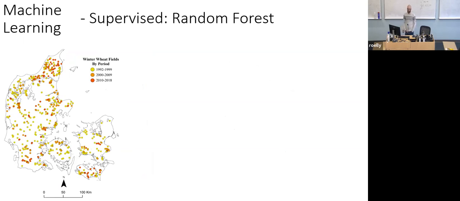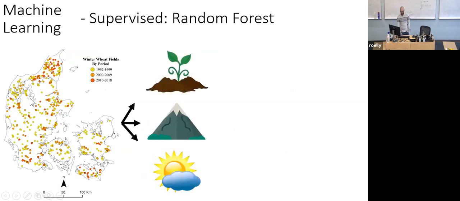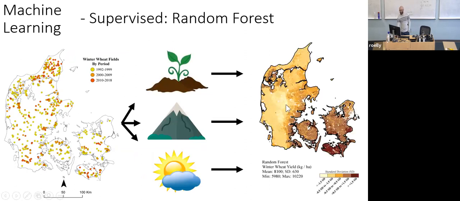You can also do supervised learning. Previously was unsupervised learning, now this is supervised learning. Using random forest, I was able to make predictions across all of Denmark. These points are yield values for winter wheat across Denmark, and we wanted to know what would be the yield in this specific location. By combining soil, topography, and climate, I was able to get a prediction everywhere.